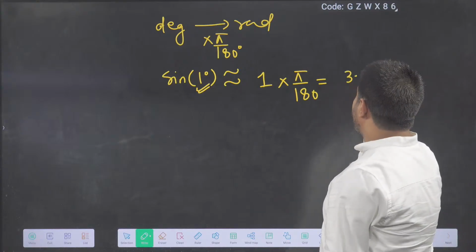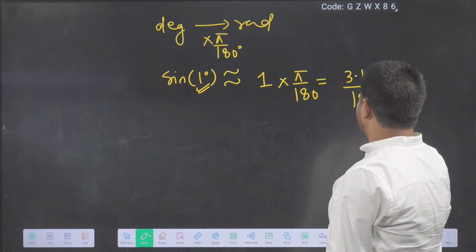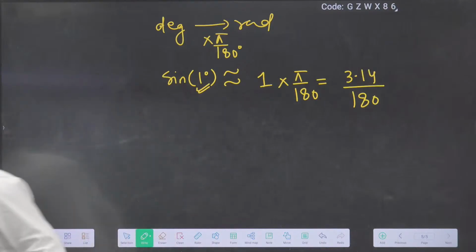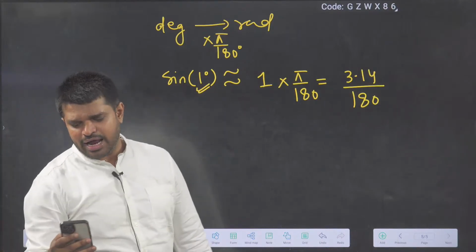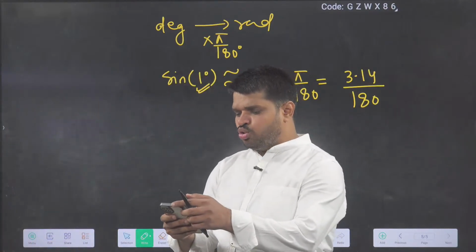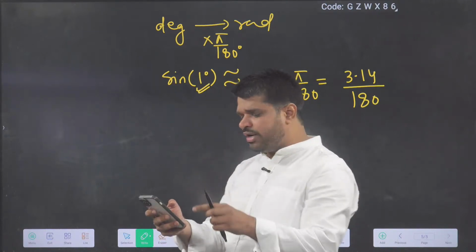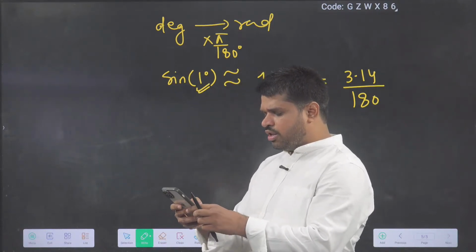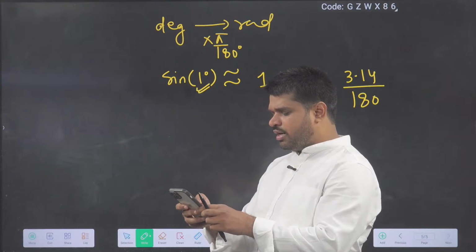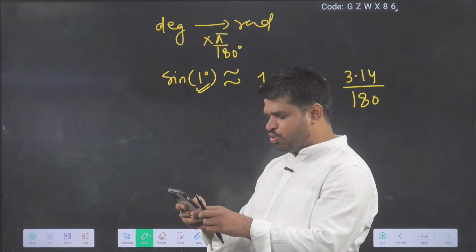So 3.14 divided by 180. Let me use a calculator for it and I will tell you the value. You just tell me whether the values are correct or incorrect. 3.14 divided by 180.